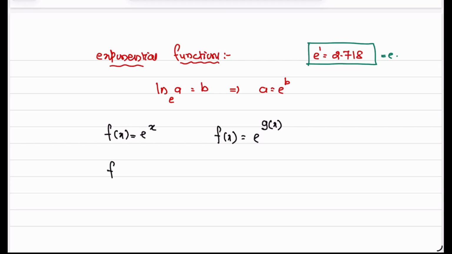For example, f(x) can be, try to understand these basics, g(x) is sine square x into ln x to the power of 0.5. That can be g(x).